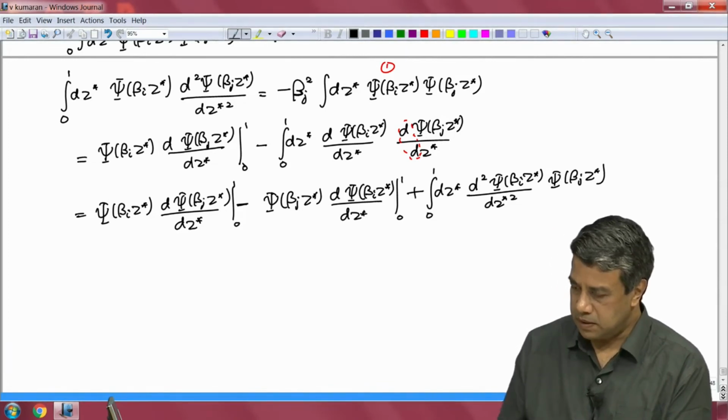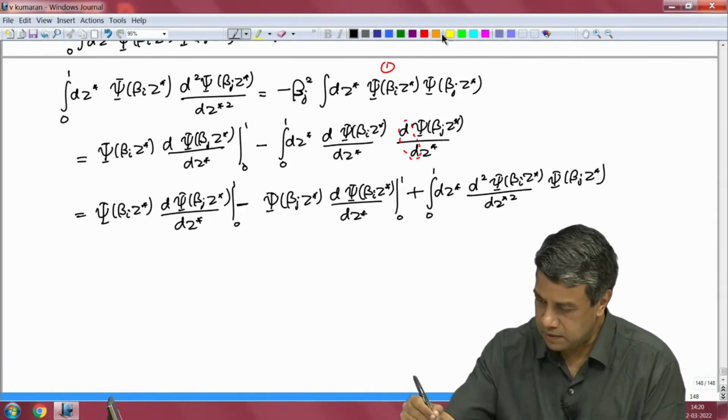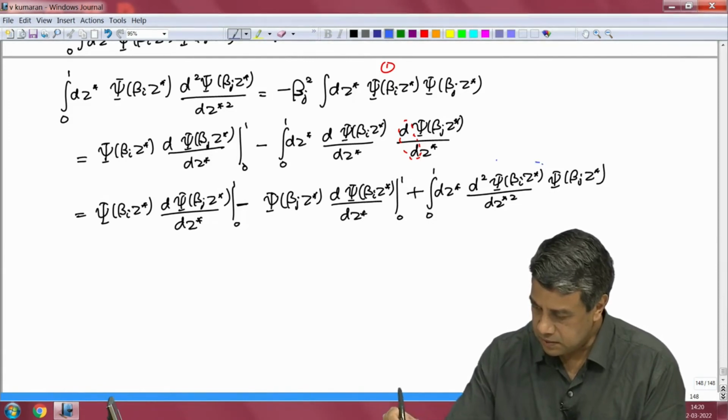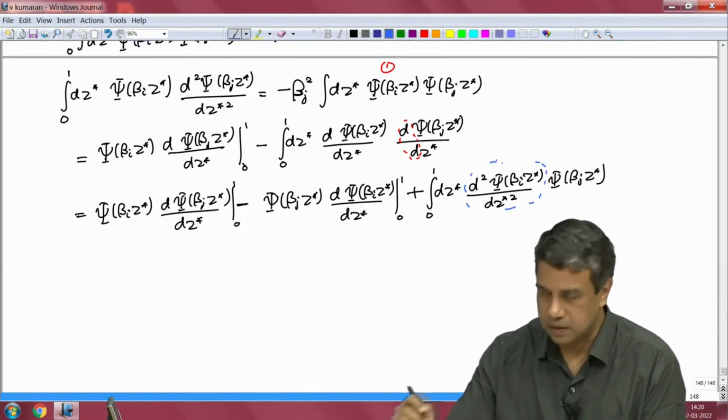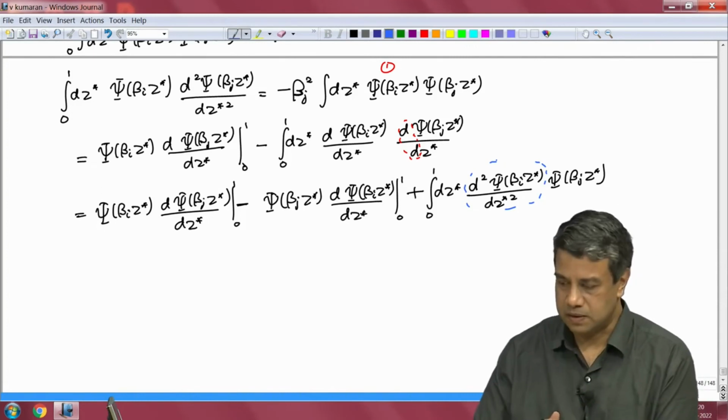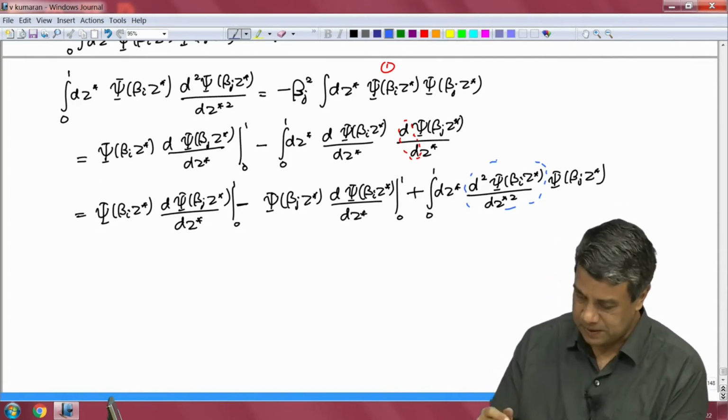And this second term here is just equal to minus beta i square times psi of beta i z star.